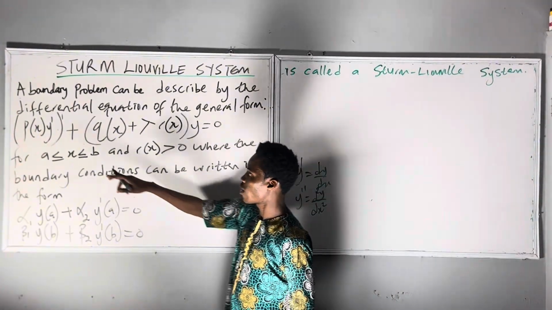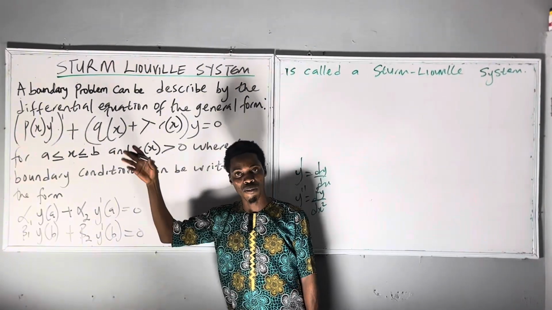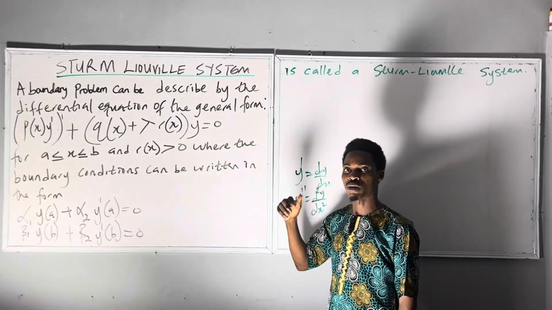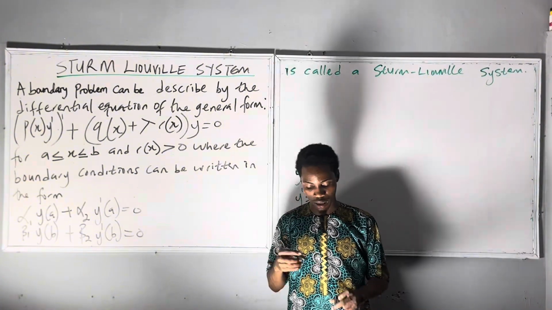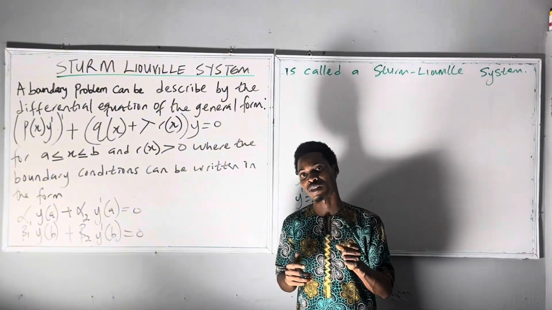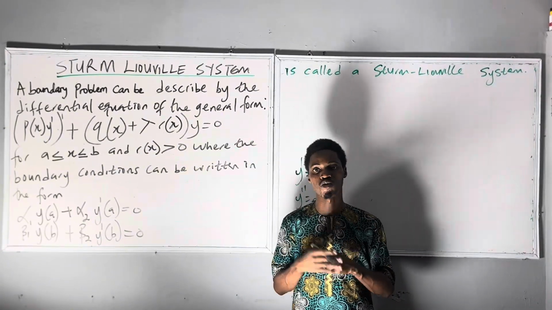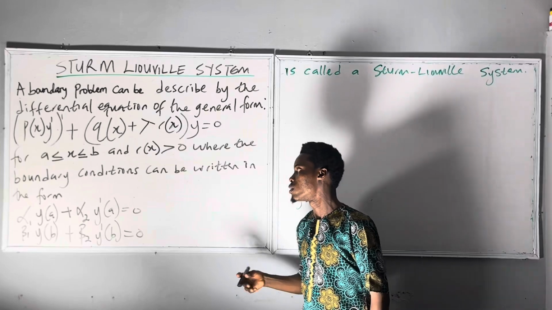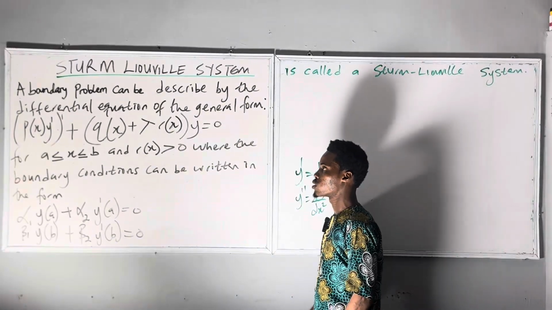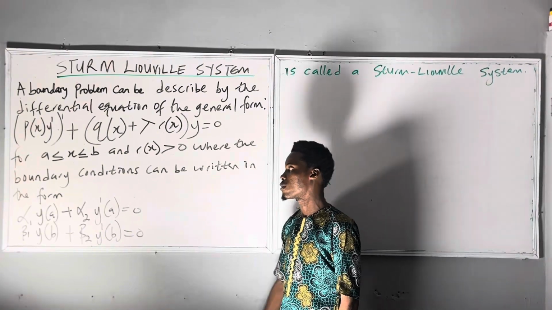So if I have y prime here and a prime outside, it means the derivative of y prime. Y prime means first derivative, y double prime means second derivative, d squared y over dx squared, with respect to x, if y is a function of x.